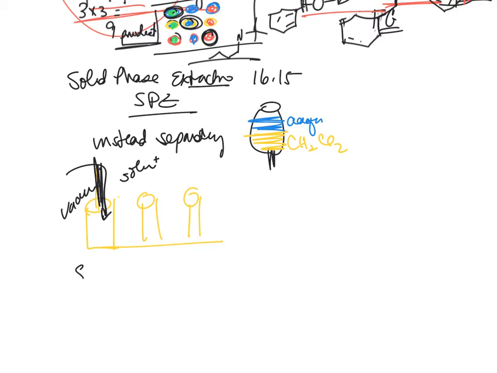We use a lot of these SCX columns and SAX columns. So the acidic columns were the SCX columns, and the basic columns were the SAX columns. These are really nice. So basically, you can put your solution onto the column, and it will bind, and then you can wash with different solvents.